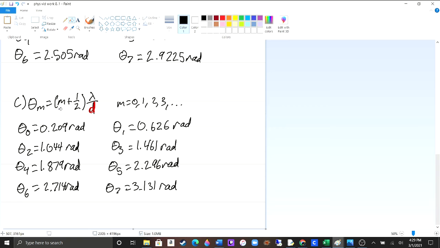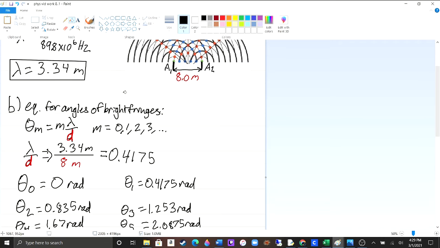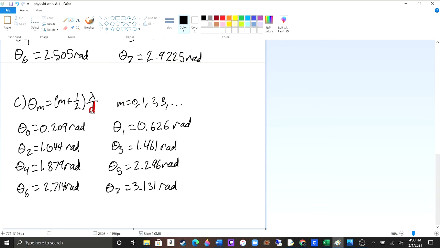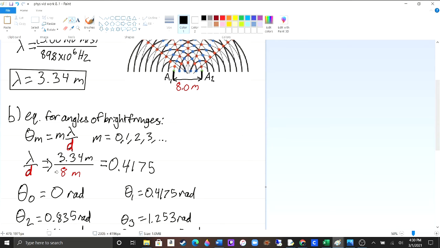The equation for the dark fringes, which is the same as the minima, is m plus 1/2 times the wavelength divided by the distance between the two antennae. So our distance between the two is 8 meters, as shown up here. This will be a constant because the wavelength and distance between the two do not change. And this is the same in both parts B and C.